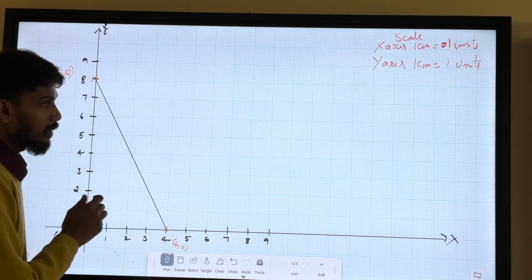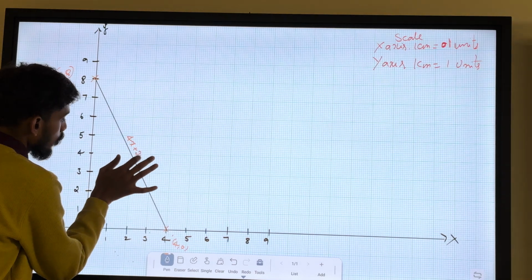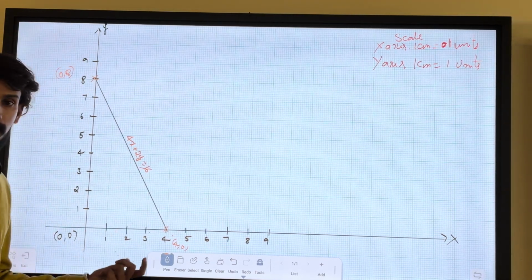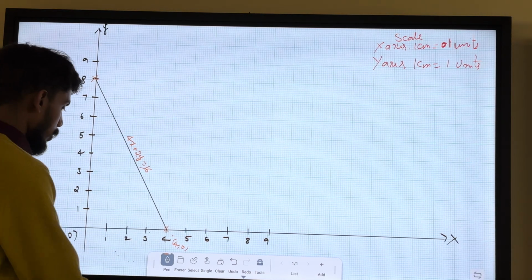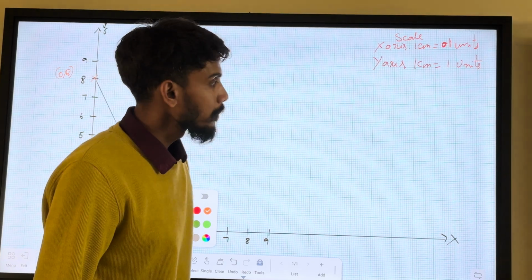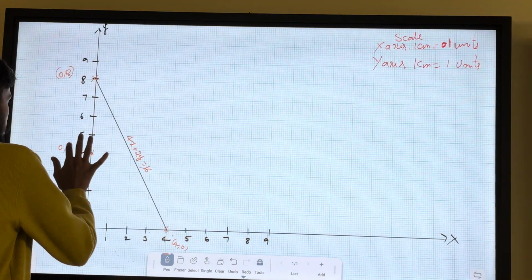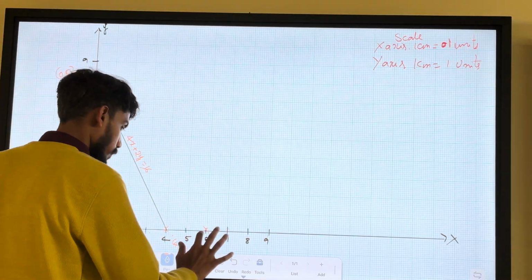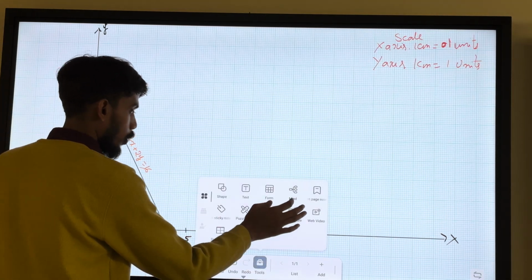You just write the equation: 4x plus 2y equal to 16. Now similarly, use the other two ordered pairs and draw a straight line. What are those points? Just locate them. 0, 4, here it comes. And the last point, 6, 0. Again, join those 2 points.